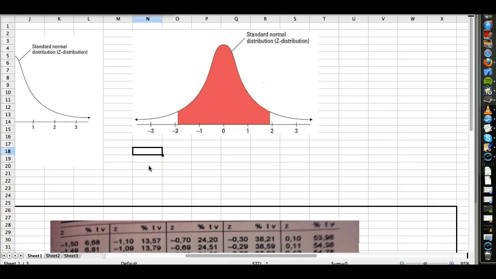Let's consider this. I want 99% in the middle. The total distribution is 100%. So that should leave 100 minus 99% left in tails. And because I have two tails, I just take this number and divide it by 2. And I get 0.5%. So I'm looking for the critical z value where I have 0.5% in each tail.